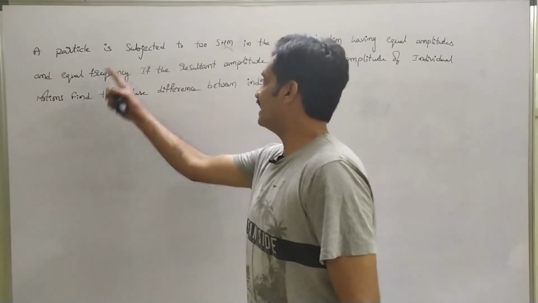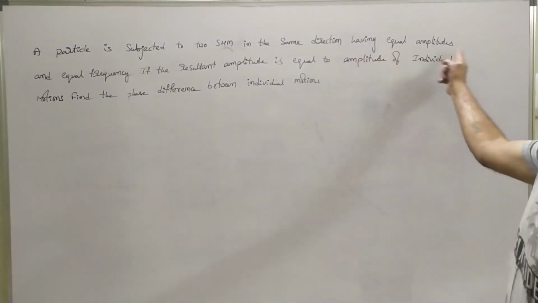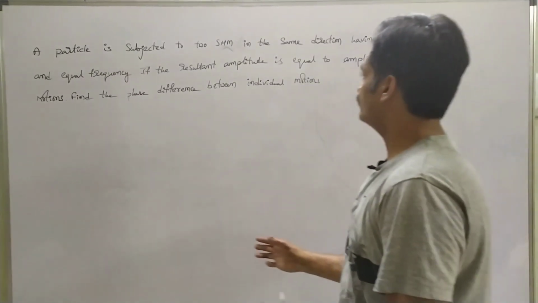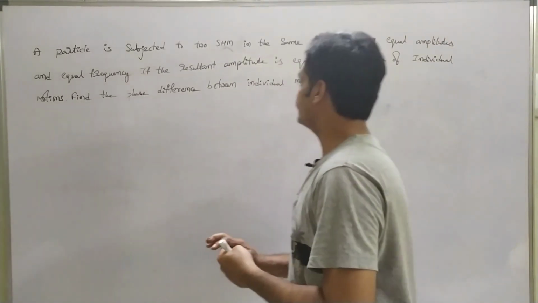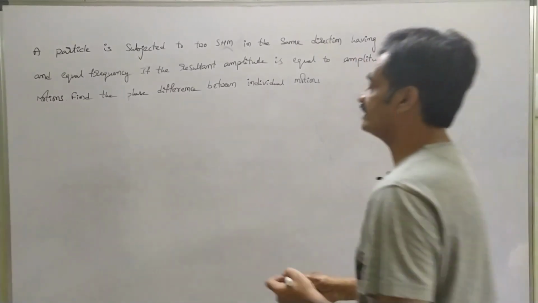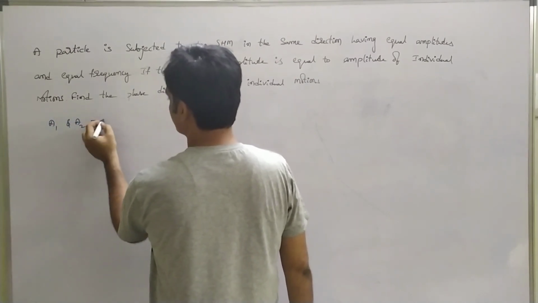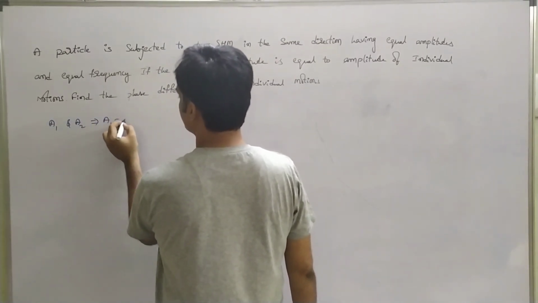The next problem is: a particle is subjected to two SHMs in the same direction having equal amplitudes. Observe that here we consider two SHMs having the same direction as well as equal amplitude. So if we consider A1 and A2 as amplitudes, according to this condition we have A1 equals A2.